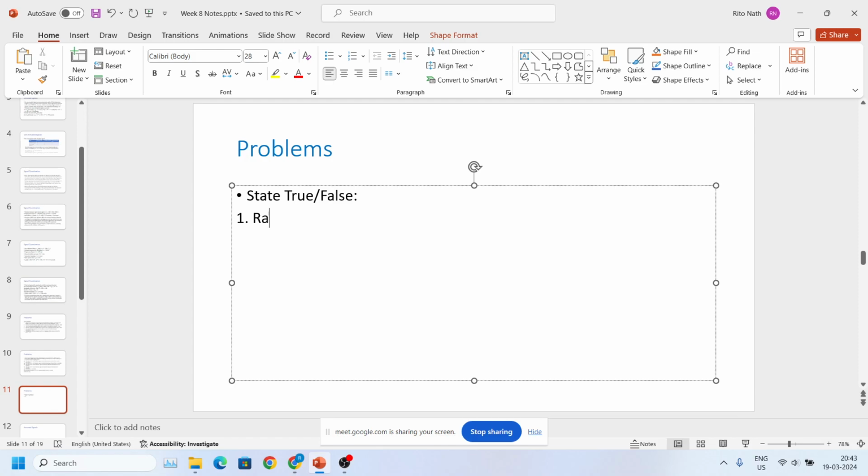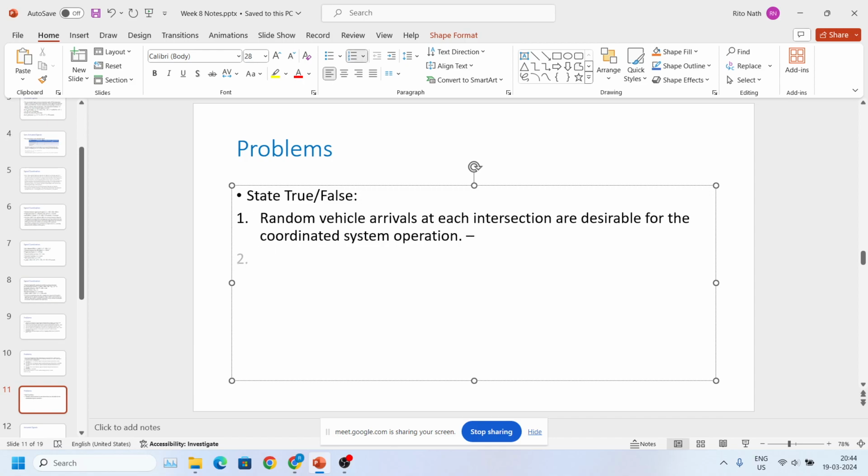Okay, so the first one is: random vehicle arrivals at each intersection are desirable for the coordinated system operation.